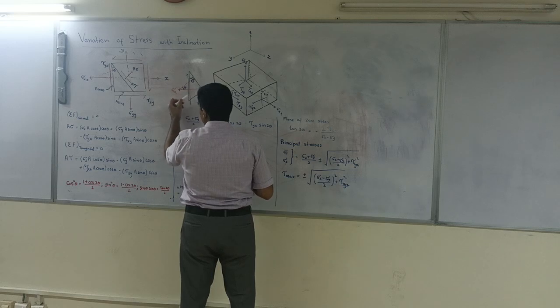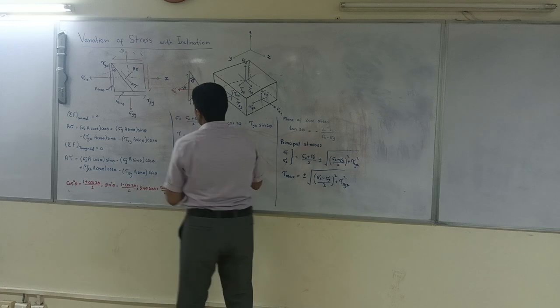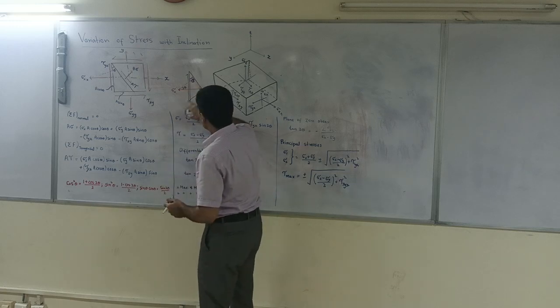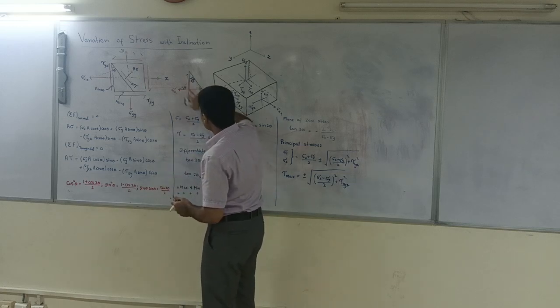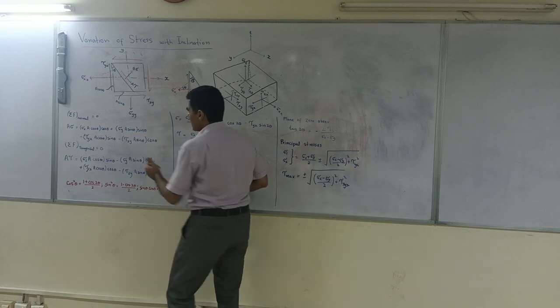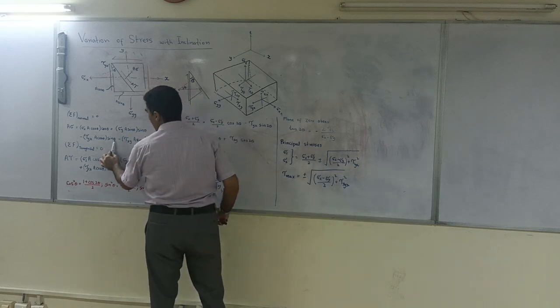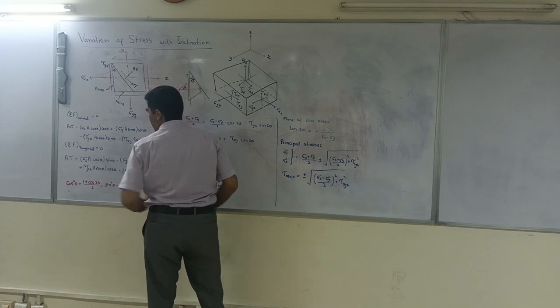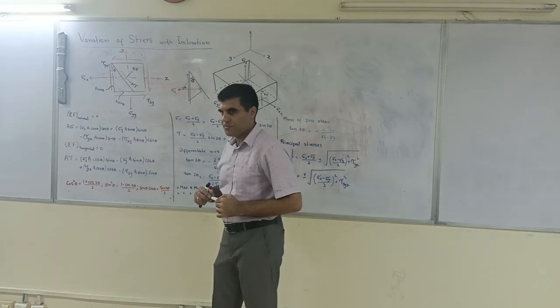This one is theta and this is sine theta. So we take this triangle. This triangle has got theta, this is 90 degrees, and so this component of tau is sine theta, which is shown over here. This is your sine theta.